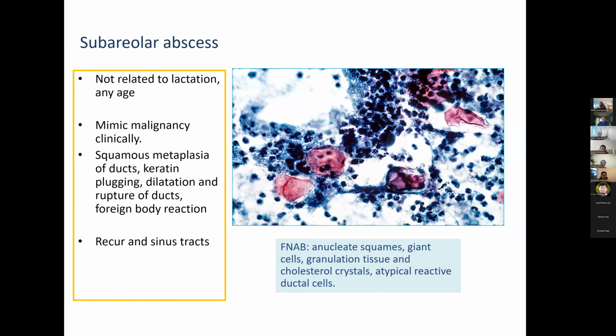This is due to the squamous metaplasia of the lactiferous ducts, and that can result in a lot of plugging with keratin and rupture of the duct with a foreign body reaction. The keratin actually attracts a lot of neutrophils, so you will see neutrophils inside the squamous cell. That's actually an interesting observation that is noted in a lot of cytology books. And this is benign, but it can recur and have sinus tracts, so it has to be diagnosed appropriately.